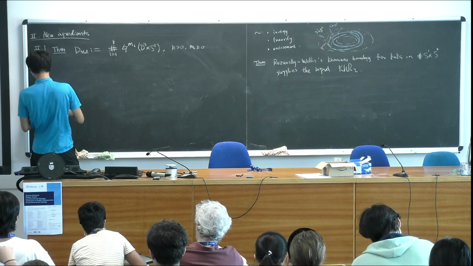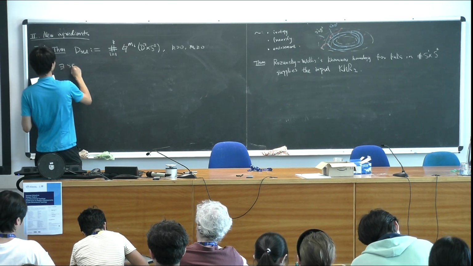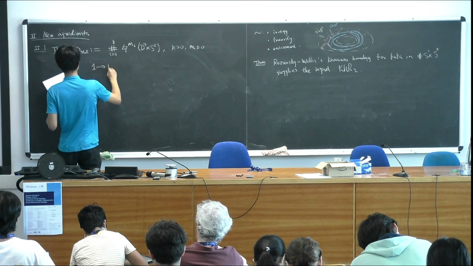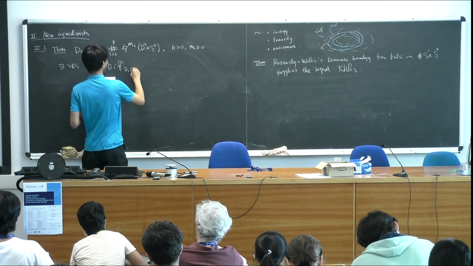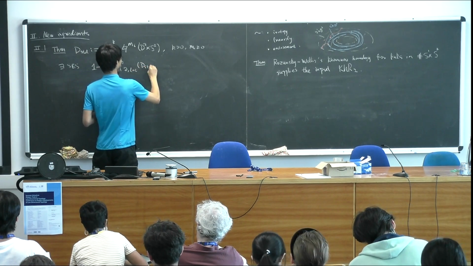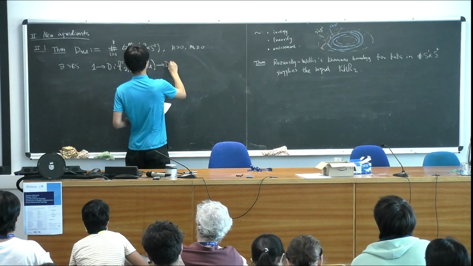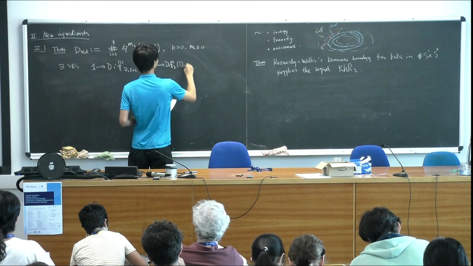The theorem is that there is a short exact sequence of topological groups. One goes to the diffeomorphism group rel boundary, local, I will expand the notation in a bit, of this four-manifold maps to the diffeomorphism group rel boundary of E standard.